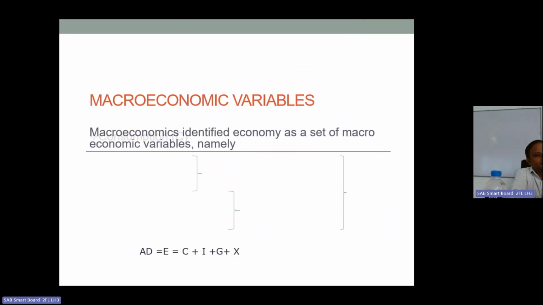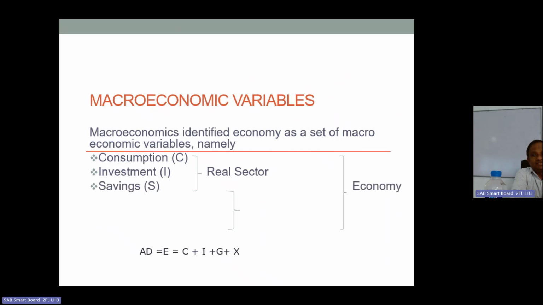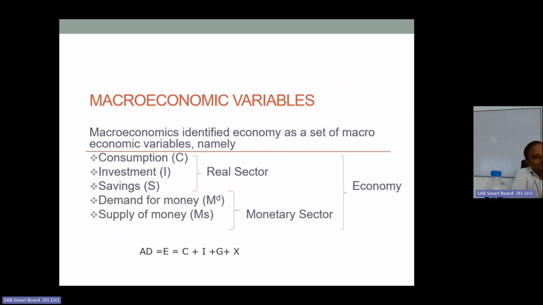Now we discuss the major macro variables: consumption, investment, savings, which represent the real sector of the economy, and money demand and money supply, the monetary sector.